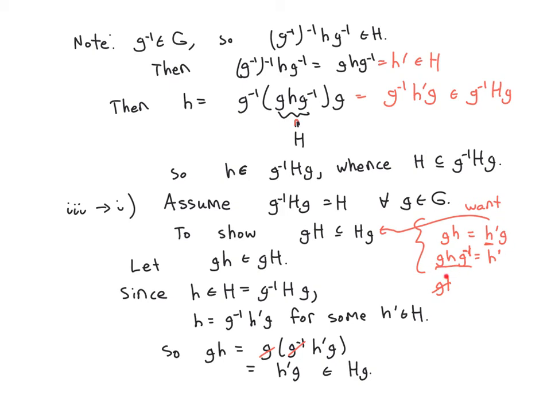Note, of course, this red is not part of the proof. This is just thinking out loud to figure out where we need to go. So we need to be able to find this element. Well, g h is in this set. h is in H, the subgroup, which is equal to this conjugate set. That tells us h is equal to g inverse h prime times g for some h prime.